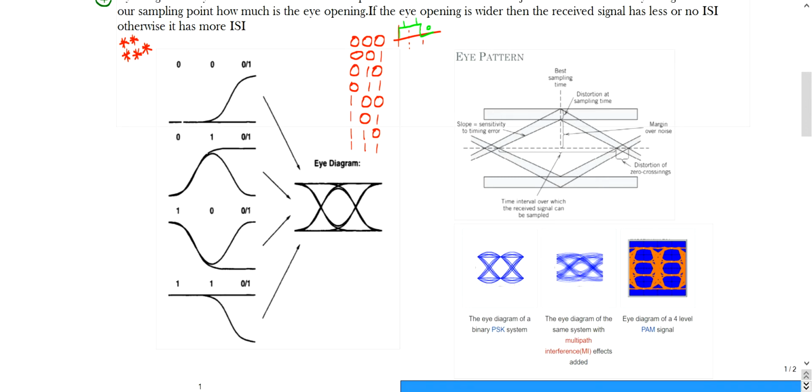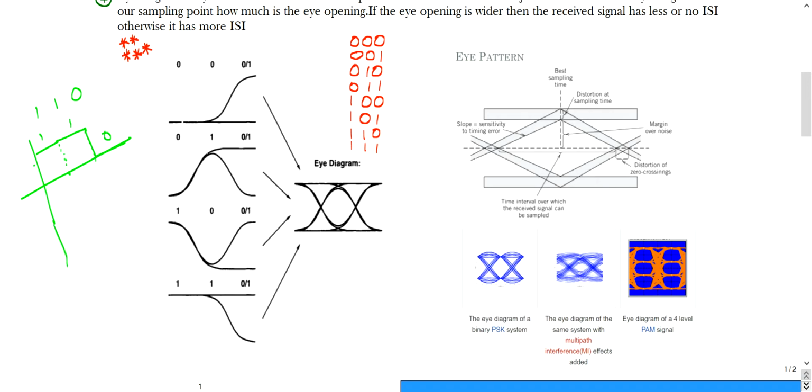But in general, the square pulse with a sharp transition from 1 to 0 may not exist. Let me show you how 110 looks. Ideally it should be 1, then 1, then a sharp transition to 0. That is the ideal one.